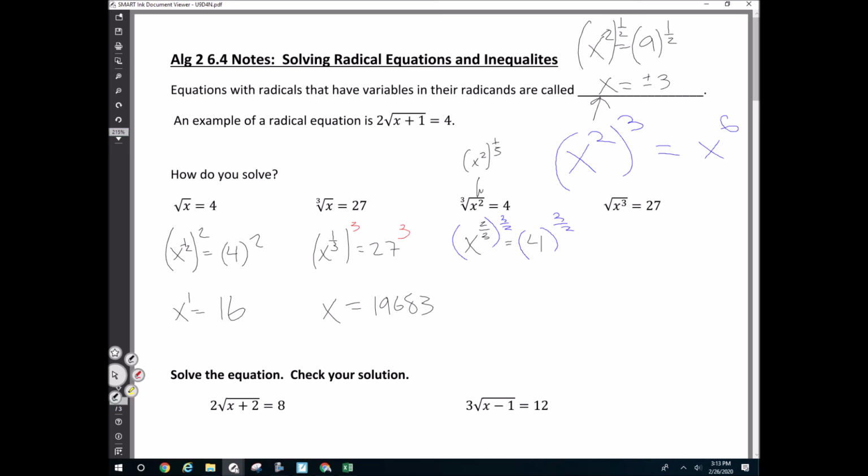Everybody type it into your calculator. I want to see everybody type in 4 to the 3 halves into their calculator so I know we all understand how to do this. Because I feel like I trust that you do it, and then I come back and I realize you can't graph a y equals cubed root of x function.